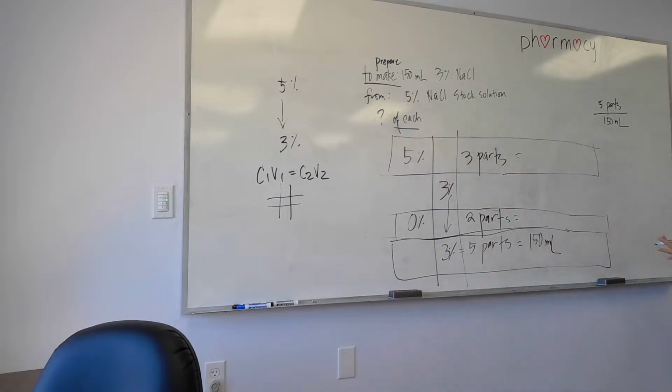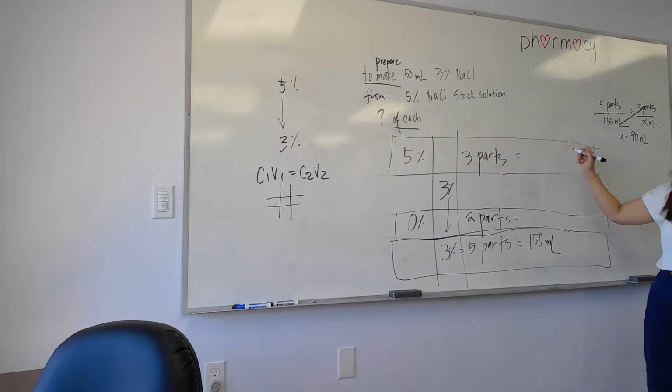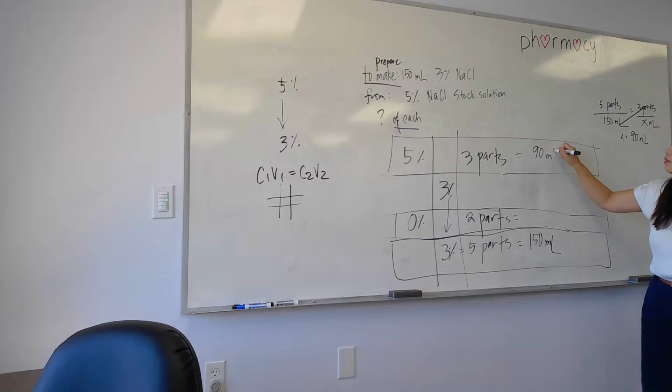So I can start with anything. Say I'll start with this one. Then 3 parts is X ml. 150 times 3 divided by 5 is 90 ml. I have to remember that I'm solving the 3 parts, so this goes 90 ml.